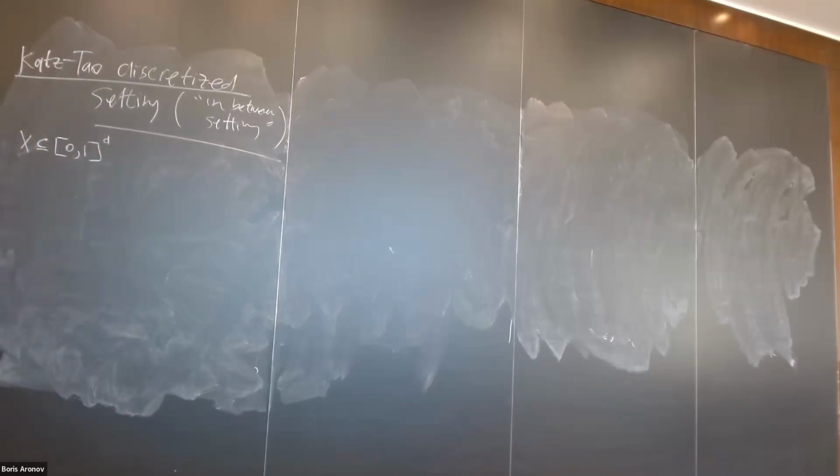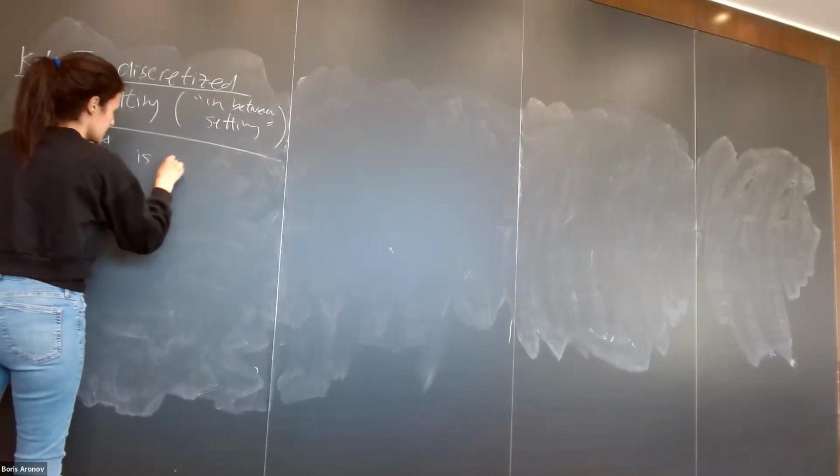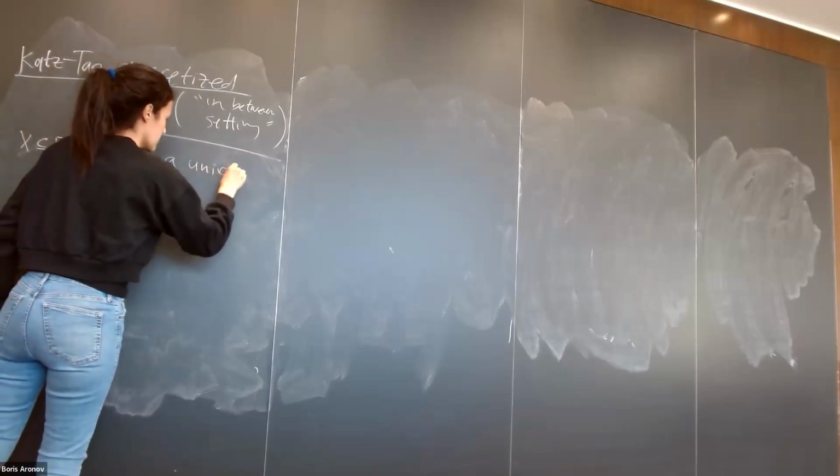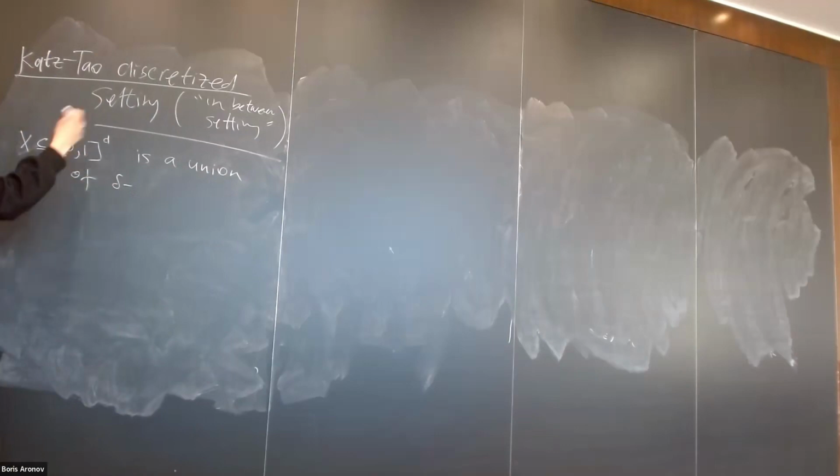Usually d will be 2 or 1. The sets that we're going to look at: in one case we had a finite subset, and in the other one we had an infinite, continuous one. So here we look at unions of delta balls. So X is a union of delta balls, balls of radius delta.